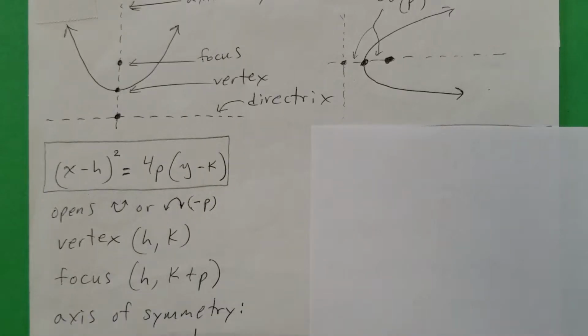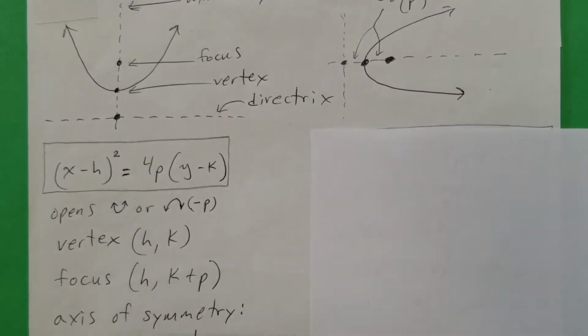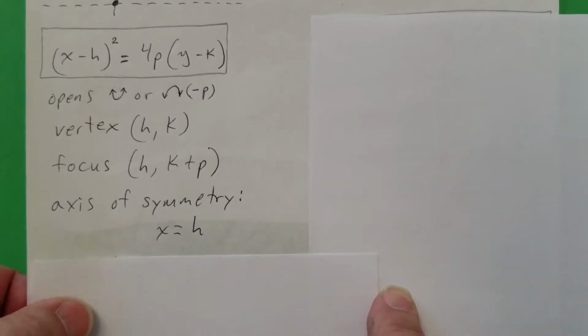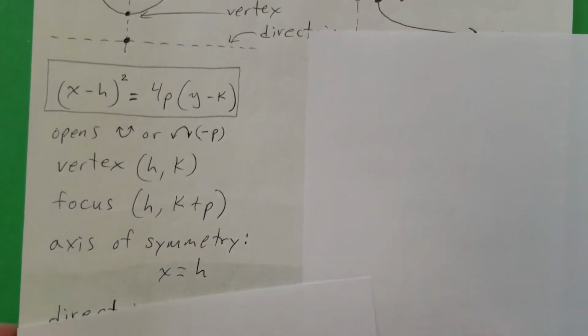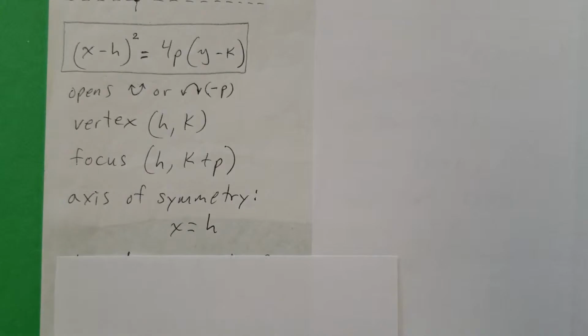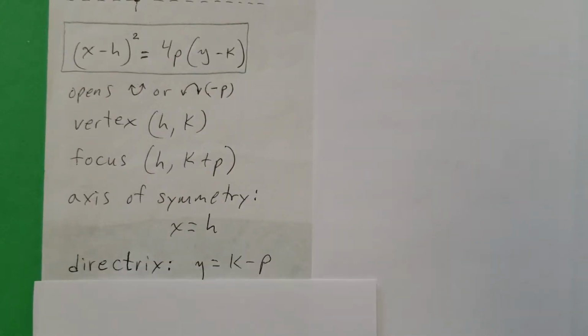The axis of symmetry: if this is the vertex (h, k), isn't this line of symmetry going to go through h? That's right, x equals h. The axis of symmetry is x equals h, meaning the first number. And then finally, the directrix. Remember what we said?